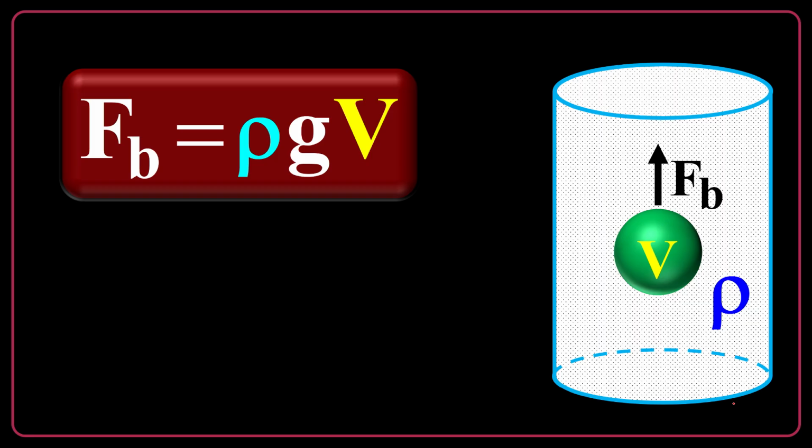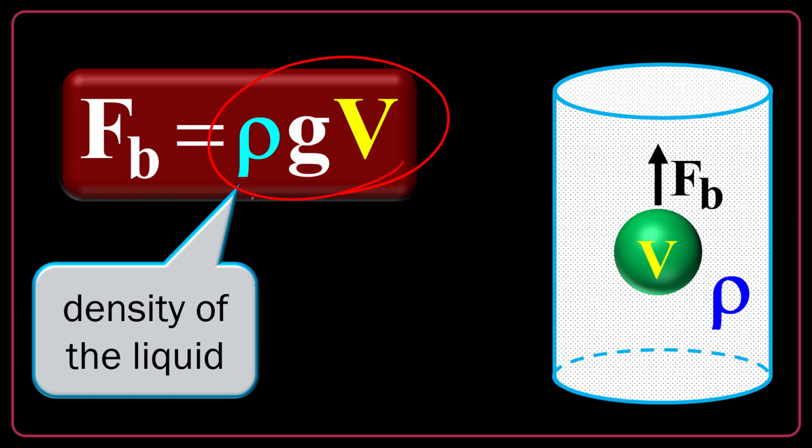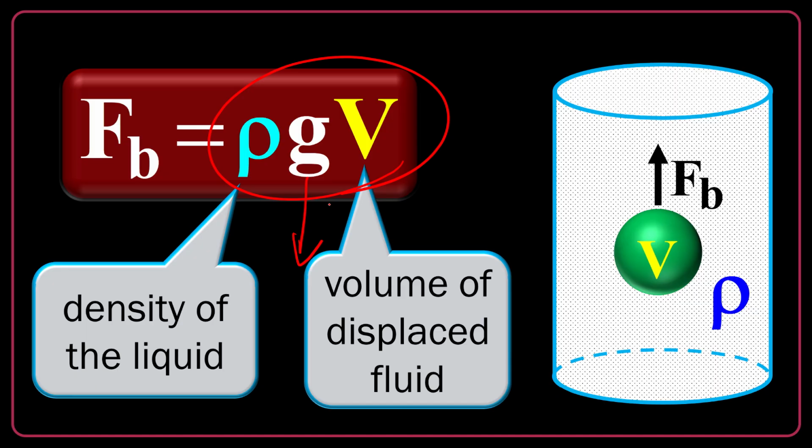So in short, the buoyancy force is equal to the weight of the displaced liquid. This weight is found by a multiplication of three different factors. First is the density of the liquid, second is the gravitational acceleration you are familiar with, and finally the volume of the displaced fluid.